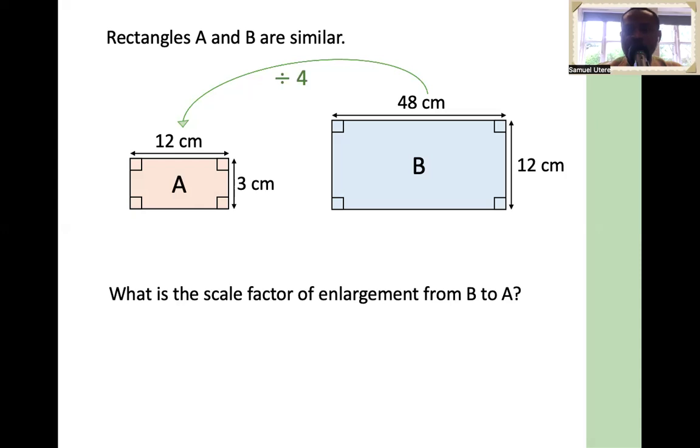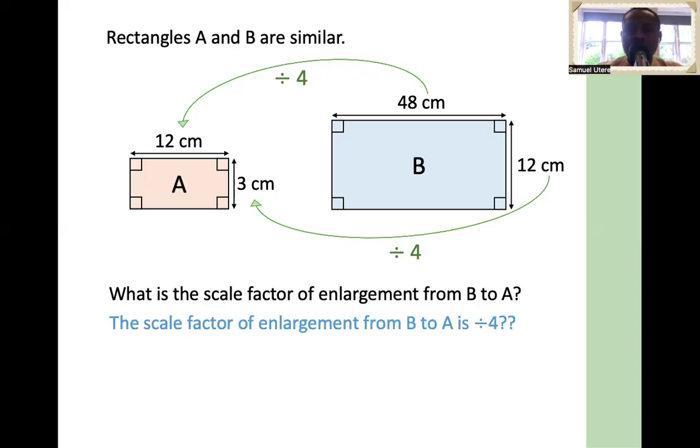To divide by 4 is the same thing as multiplying by 1 over 4. I want us to stay consistent and start using the consistent multiplicative relationships which we use. So each of the corresponding sides would be to divide by 4. Something you need to know is even if you make a shape smaller, we still use the word enlargement.